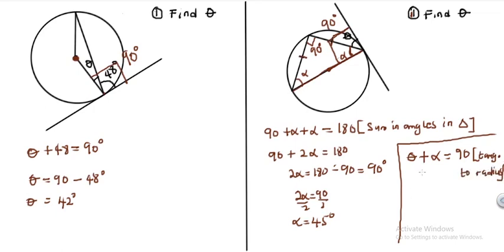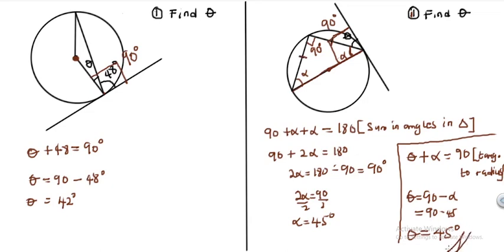So from here, if I want to find the value of theta, I move alpha to the other side. Theta is equal to 90 minus alpha, which is 90 minus 45, which is simply 45 degrees. So my theta here is 45 degrees. Now, that's it for this theorem.